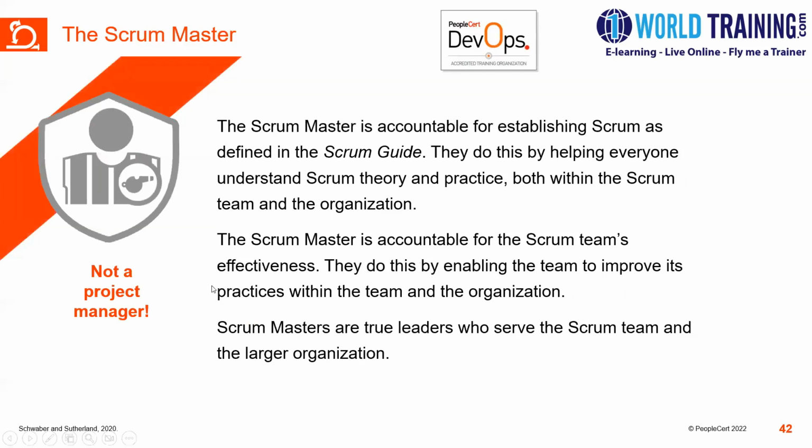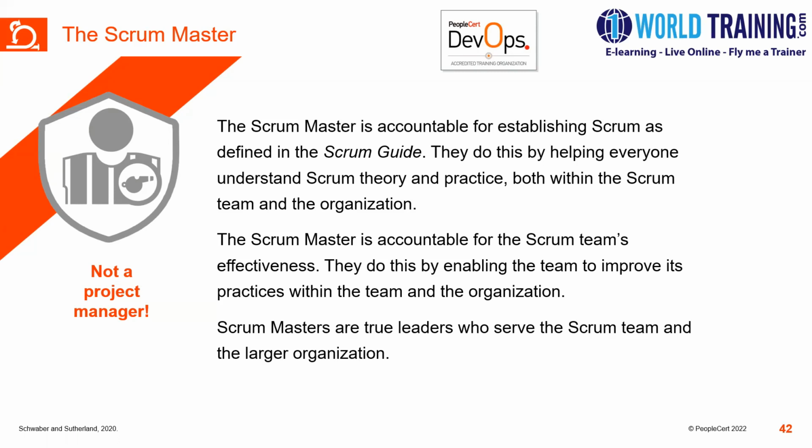Now let's discuss the Scrum Master. The Scrum Master is accountable for establishing Scrum as defined in the Scrum Guide. People try to confuse the Scrum Master role with the equivalent of a project manager. Certainly, the Scrum Master is not a project manager. The Scrum Master is more of a leader who serves the team.